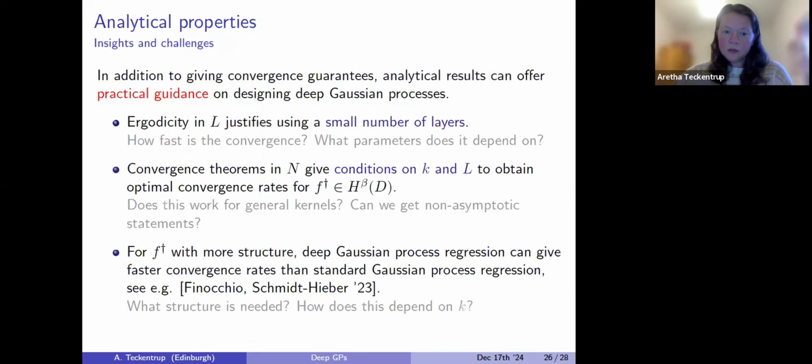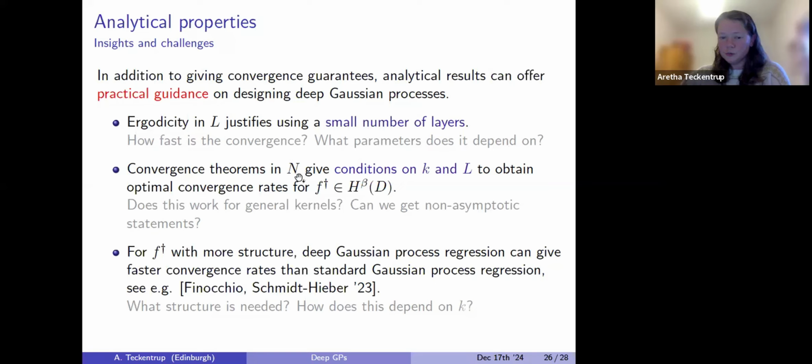Okay. So these are some of the open questions that I think there still are. In addition to having these convergence guarantees, these analytical results can offer some practical guidance on designing deep Gaussian processes. The convergence in L gives you an intuition why typically you only need a small number of layers, but there are still a lot of questions about exactly how small this is.